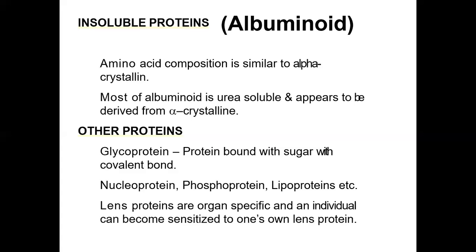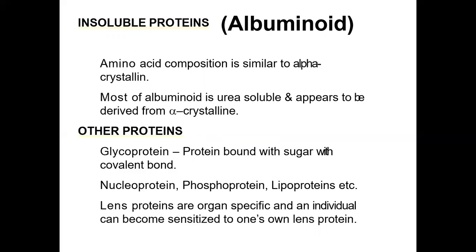Coming to insoluble protein, that is called albuminoid. Amino acid composition is similar to the alpha crystalline. Most albuminoid is urea soluble and appears to be derived from the alpha crystalline.